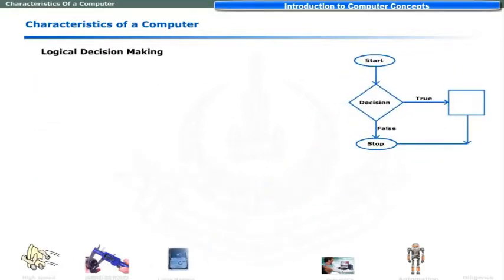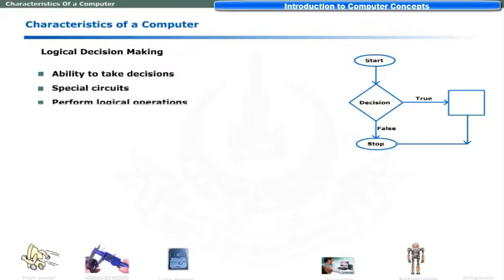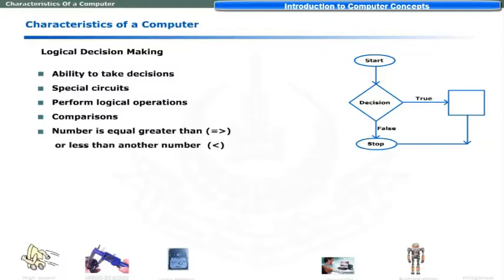Apart from computations, a computer has the ability to take decisions. The computer has special circuits to perform logical operations. Logical operations include comparisons, such as a number is equal to, greater than, or less than another number.